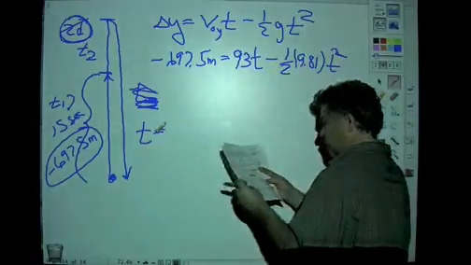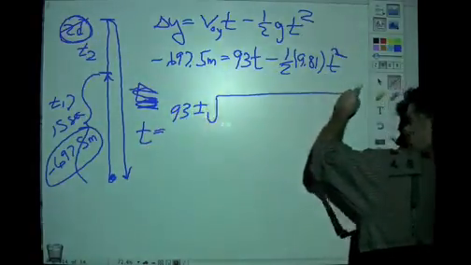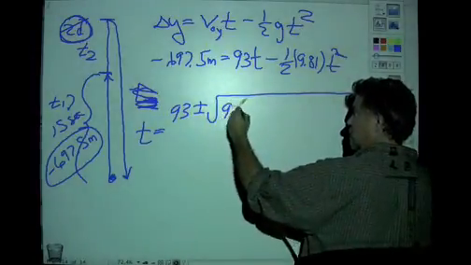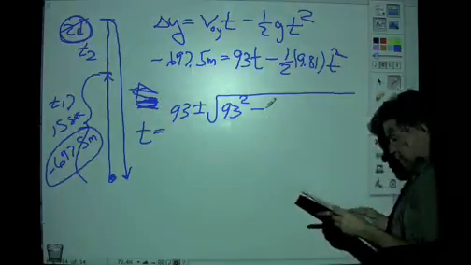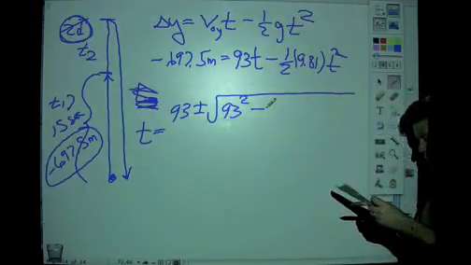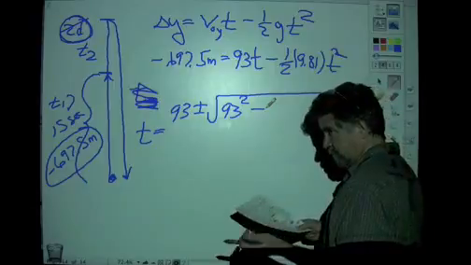T ends up being, through blue mirror, 93 plus or minus the square root of 93 squared minus, I was doing this the old-fashioned way, 4 times 1/2 g, which is just 2g, right?